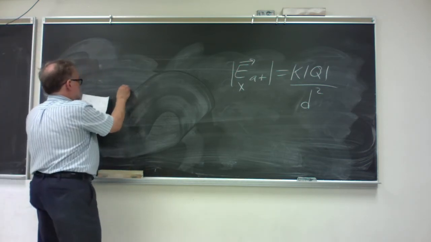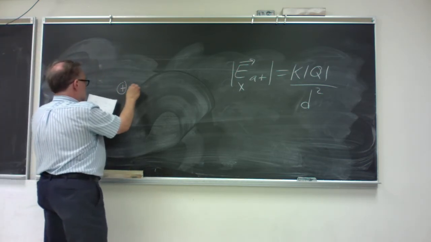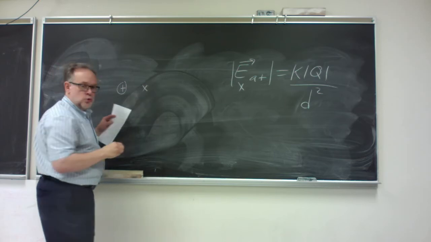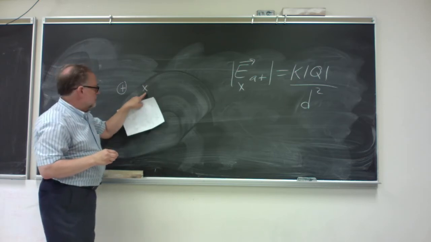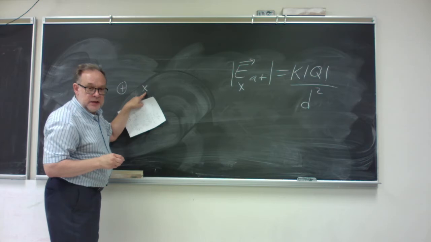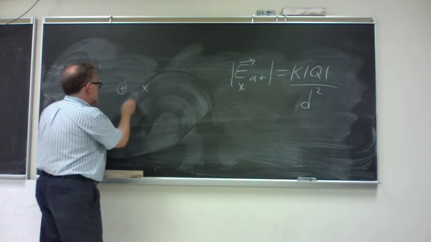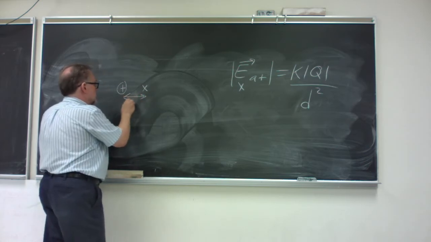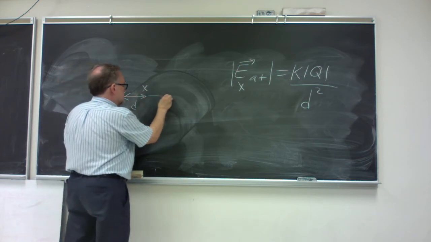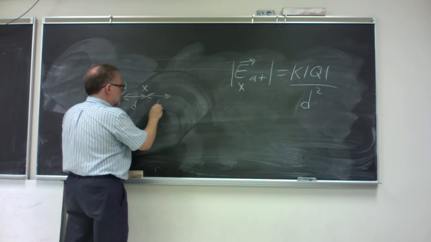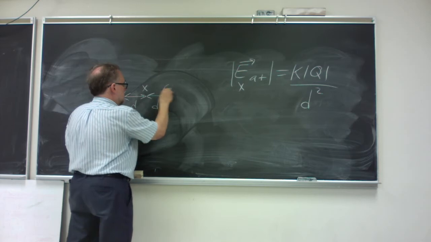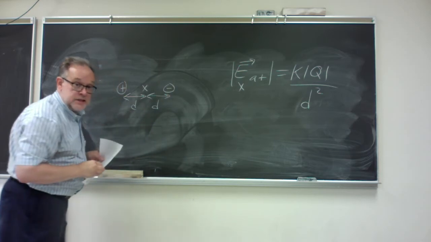Let's say we've got a positive charge here, and then no charge there, but we're just going to be thinking about the net electric field at this point. So that's a distance d away from the positive charge, and then also a distance d away from that charge is a negative charge.